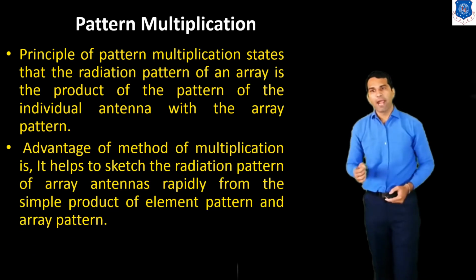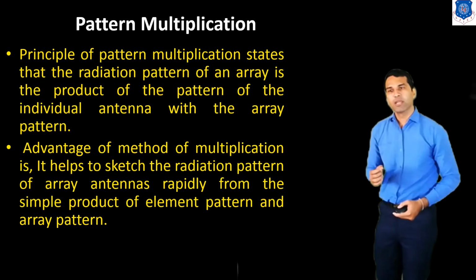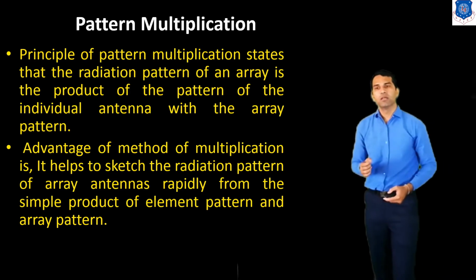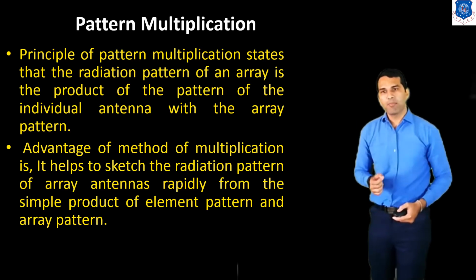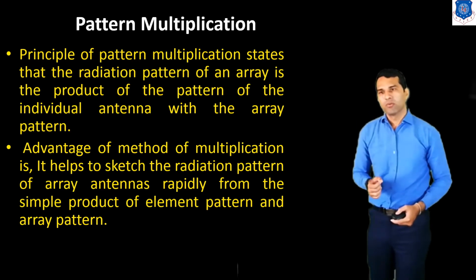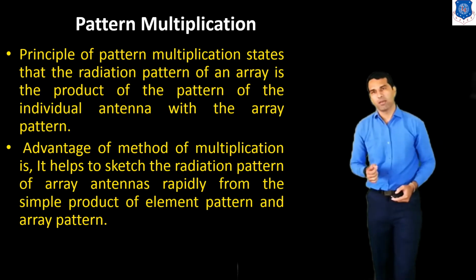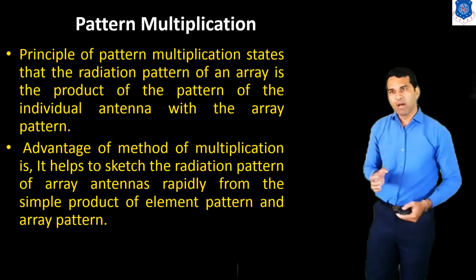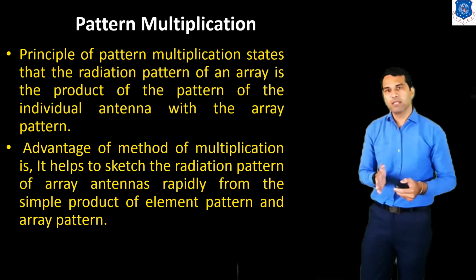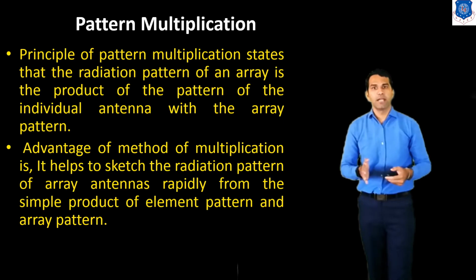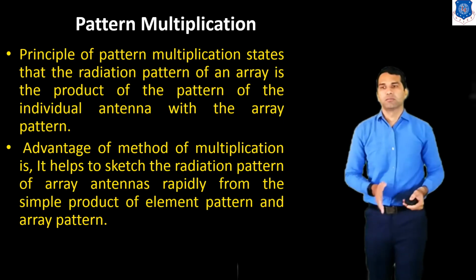The advantage of the method of multiplication is that it helps to sketch the radiation pattern of an array antenna rapidly from the simple product of the element pattern and the array pattern. So by using this pattern multiplication concept, we can produce the radiation pattern in our desired direction.